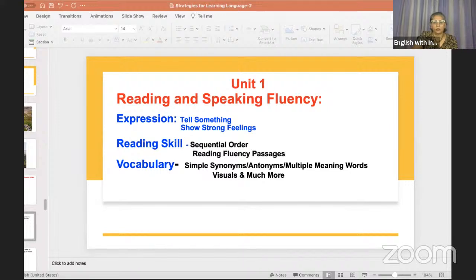When I ask you to unmute, then you can unmute and speak, because I'm trying to avoid the disturbance. Okay, so let's see. If you want to join, you can come, and if you want to read with me, yes, you can read and practice with me. I will wait for a few seconds.